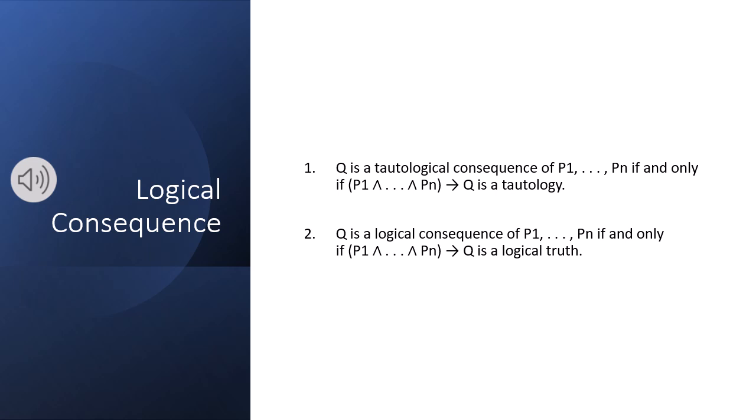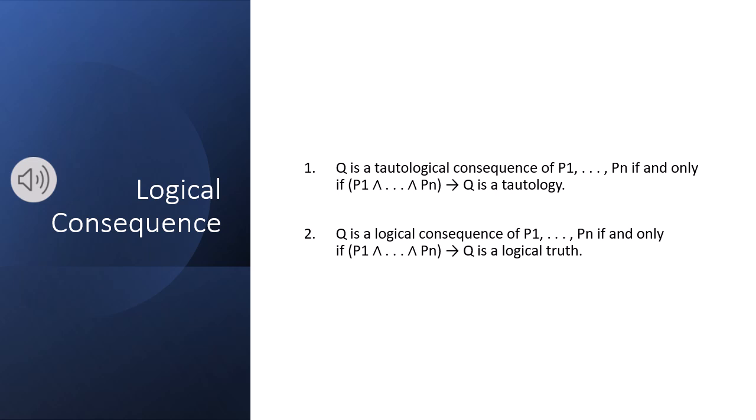So for example, if we focus in on this first if and only if statement, Q turns out to be a tautological consequence of P1 through Pn if and only if the conjunction of P1 through Pn arrows Q, and here by arrow, we mean that conditional connective, is actually a tautology. Remember, tautology just means that underneath that main connective, you've got all T's.